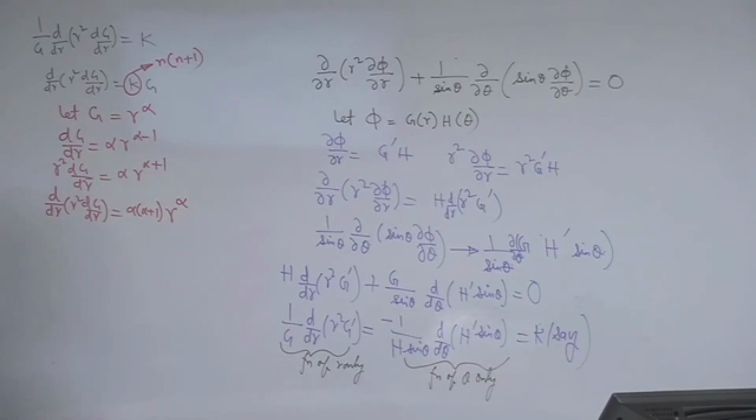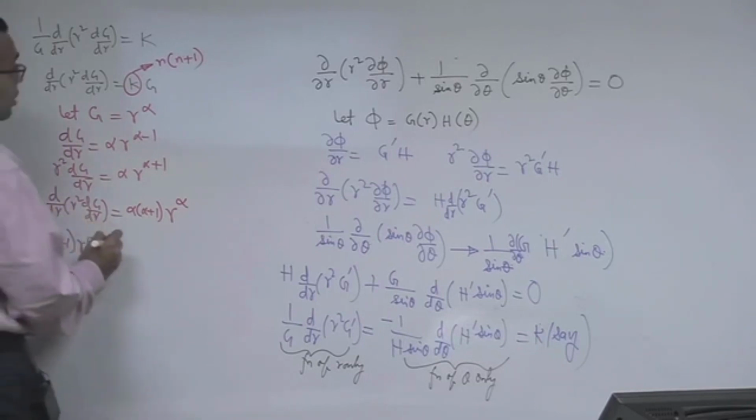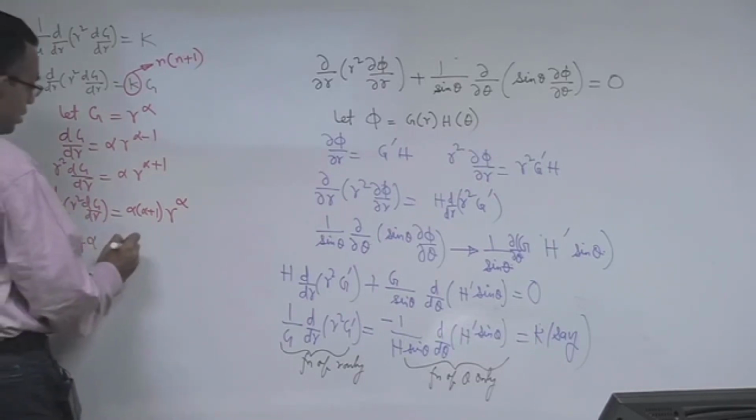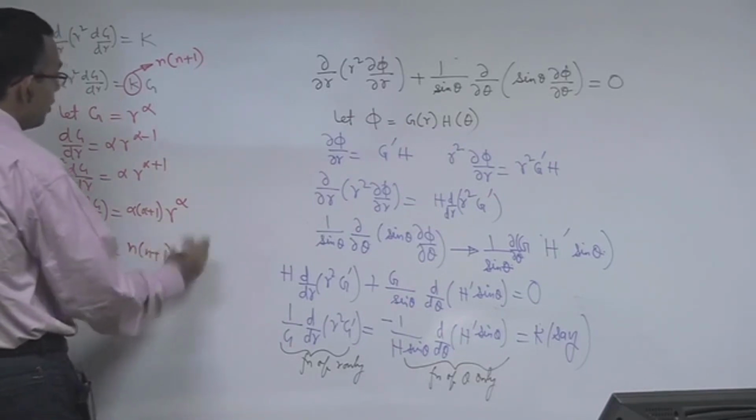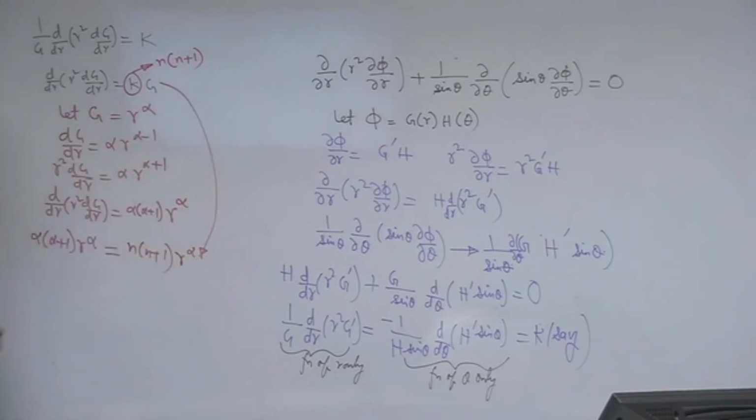So, now we can write alpha into alpha plus 1 into r to the power alpha is equal to n into n plus 1 g, where g is equal to r to the power alpha. So, you can see r to the power alpha is cancelled from both sides, that is why this particular form is a particular solution of the equation.